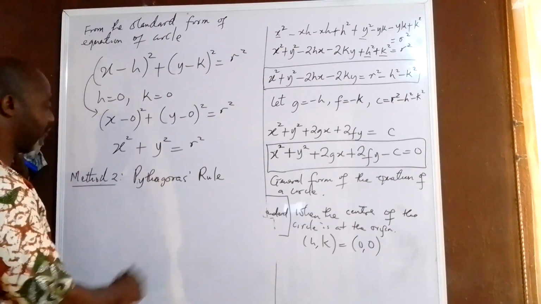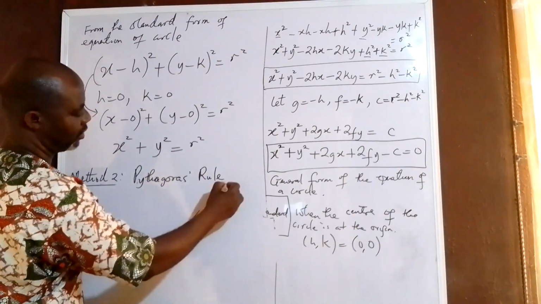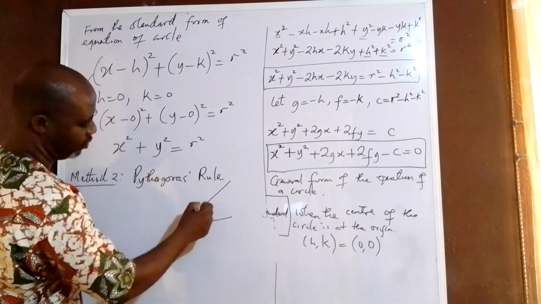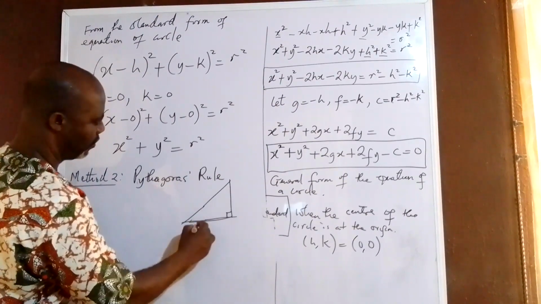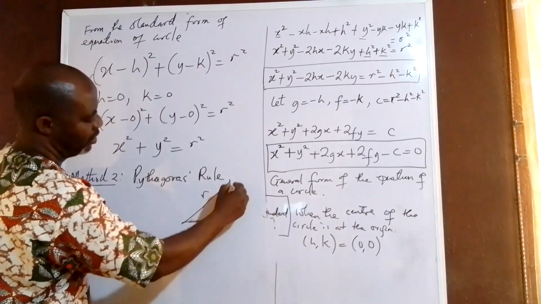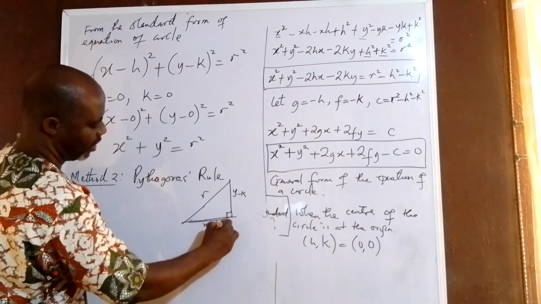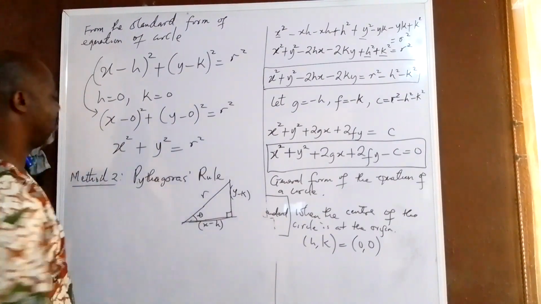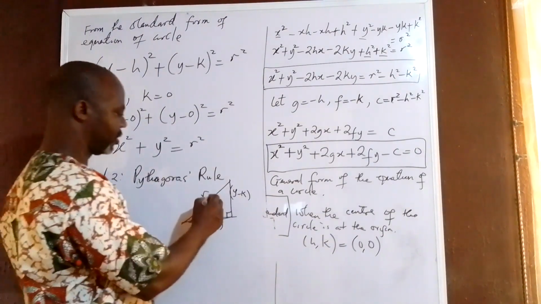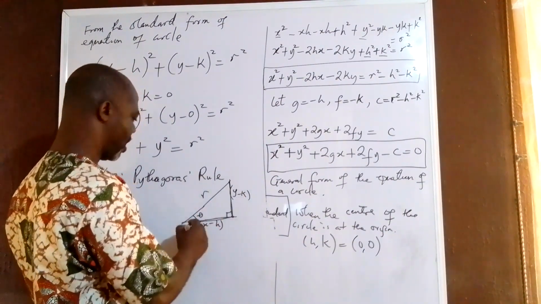Let me quickly bring out that right angle triangle that we drew earlier, where this is r, this is y minus k, and here you have x minus h. From here, this is the hypotenuse, this is the opposite, and this is the adjacent.